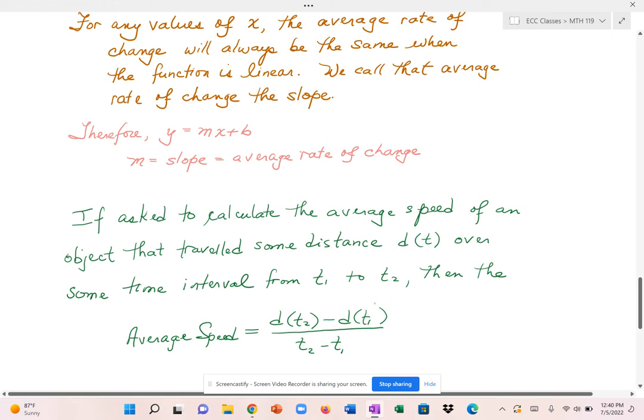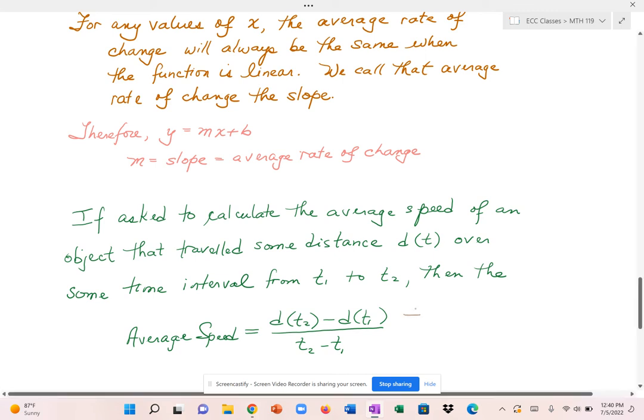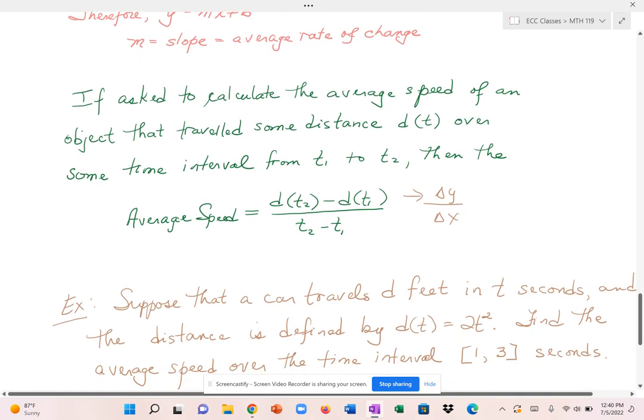And so that would be the difference in d of t sub 2 minus d of t sub 1, these are just two different values of time, divided by t sub 2 minus t sub 1. So this is actually another slope formula, just expressed with different variables. So this would be like the change in y, and this would be the change in x. So it's just a different way of expressing that.